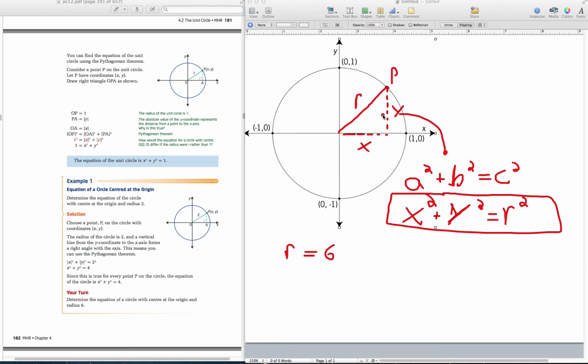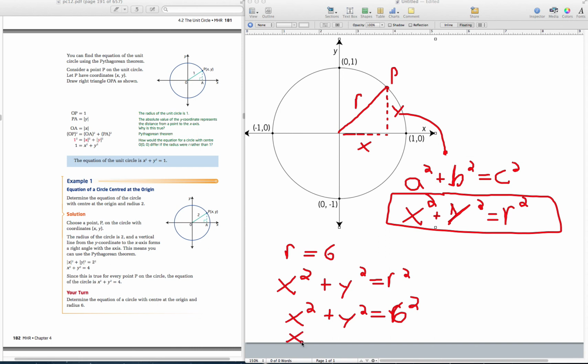Okay, so it would be 6, 0, 0, 6, negative 6, 0, and 0, negative 6. So if you now calculate that, it'll be x squared plus y squared equal to r squared. We don't know x and y yet. They're not telling us that. They're only telling us the radius. So all we know is that x squared plus y squared equals 6 squared.